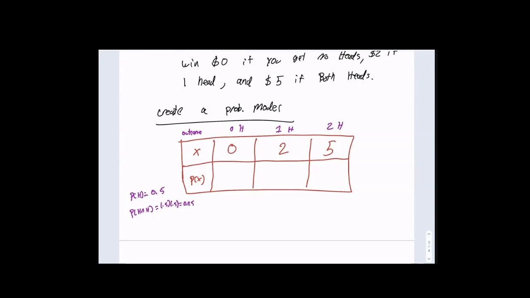Now, are there any other ways of getting 2 heads? If I flip the coin twice, are there any other outcomes that I can get? Yes or no?